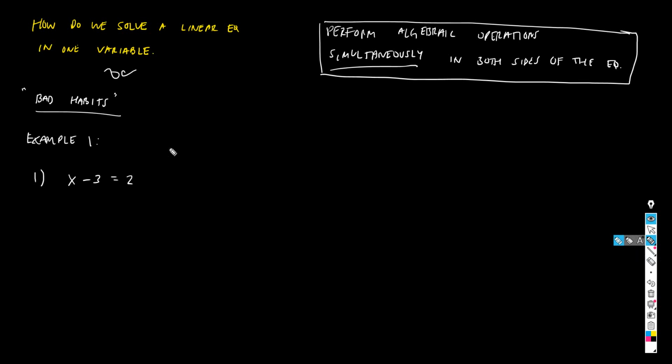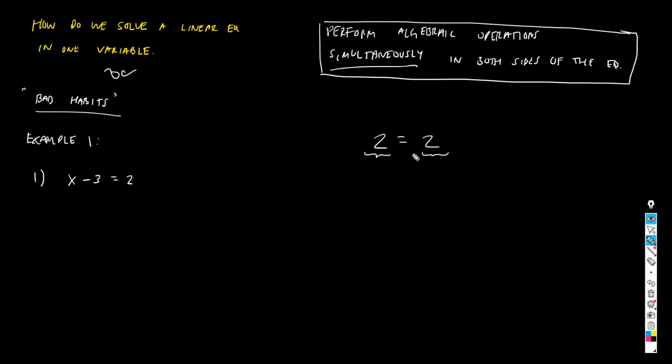So what do we do instead of passing? We do this, which is about the only general method to solve an equation. You're going to perform algebraic operations simultaneously in both sides of the equation. Why simultaneously? Well, because if you have an equation, let's keep it very simple, 2 equals 2, what this means is that this side is obviously equal to this side.